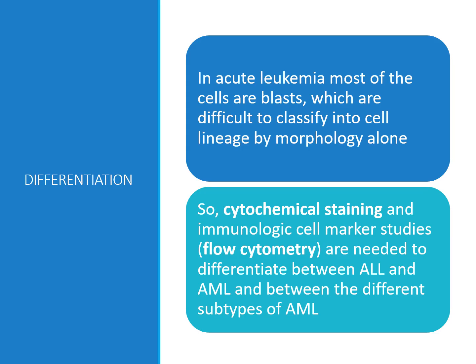We really need those to differentiate between ALL and AML, because when you look at a blast, it's very difficult to know: is this a myelocytic or myelogenous line, or is this a lymphocytic? If we do have an AML, cytochemical stain and flow cytometry also help us differentiate between the subtypes, because remember, we have many different types of myeloid cells, and each one of those types of cells, or a mixture of one or more, could be the proliferative problem.